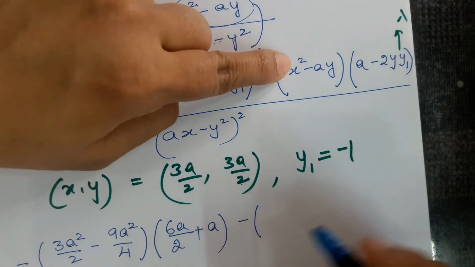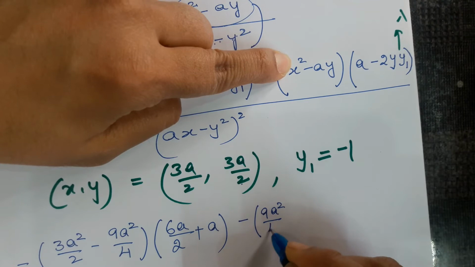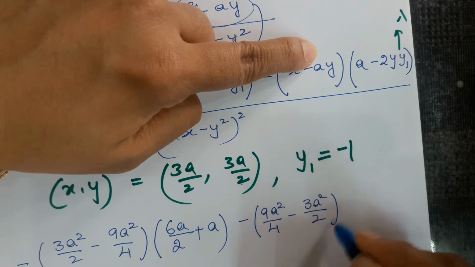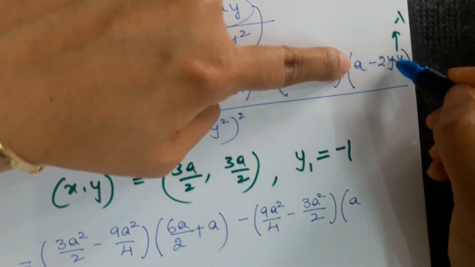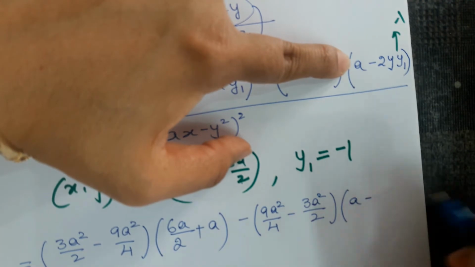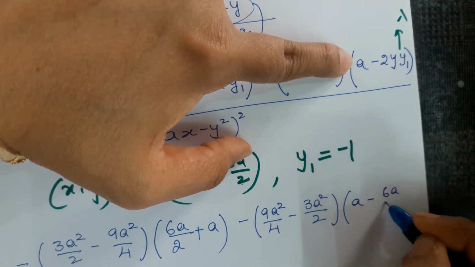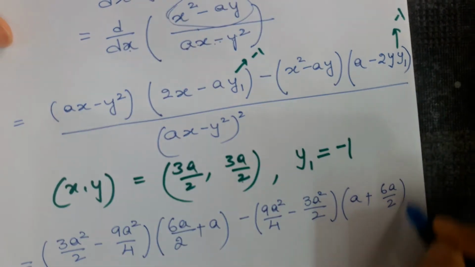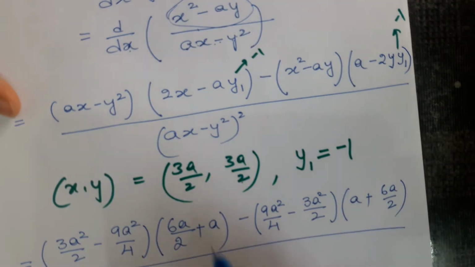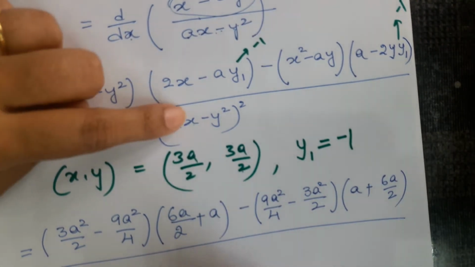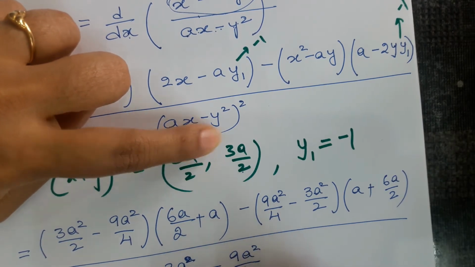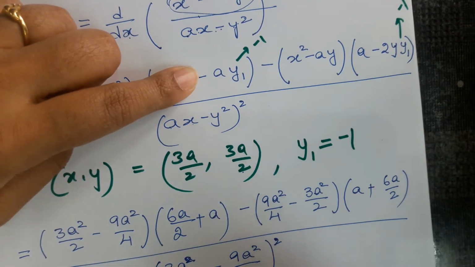Minus x square, that is 9a square by 4, a into y, that is 3a square by 2, and here a, y is 3a by 2, therefore I will get 6a by 2. The y1 value is minus 1, if you multiply it here it becomes plus. Divided by the denominator: x is 3a by 2, so 3a square by 2, minus y square, 9a square by 4, whole square I will get.